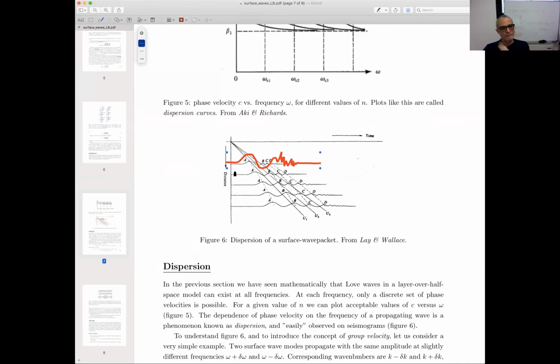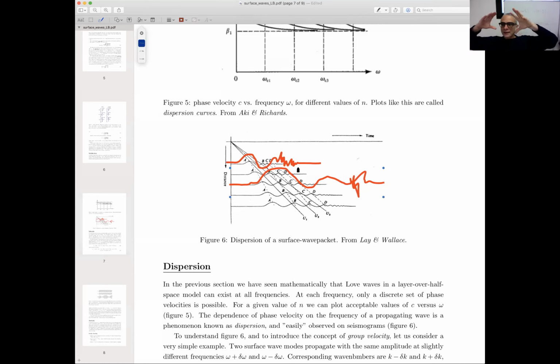And low frequency is faster, which means that if you stand at a larger distance from the epicenter, the time that passes between the arrival of the low frequency part of the surface wave and the high frequency part is longer.